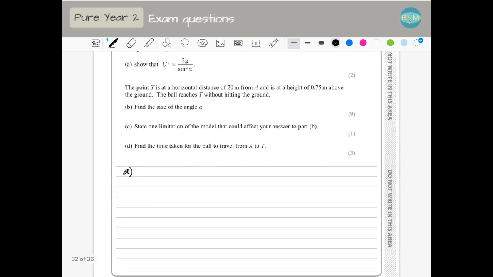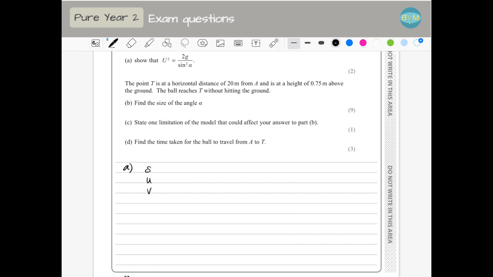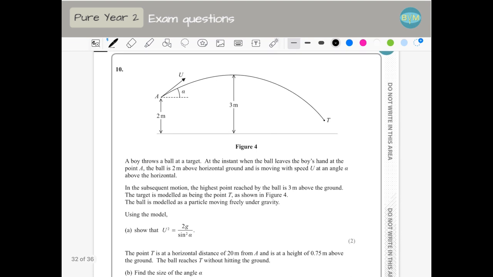If we write SUVAT, I'm going to consider positive up. Maximum height is going to be 1 meter. Initial velocity is u. The components are: the horizontal one is u cos alpha because it's adjacent to alpha, and the vertical one is u sine alpha.